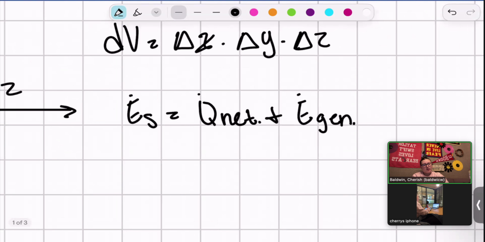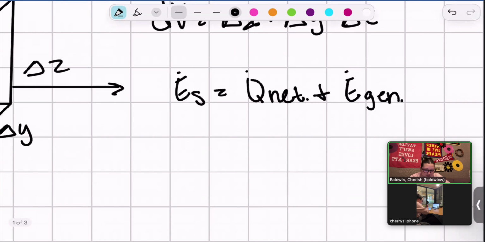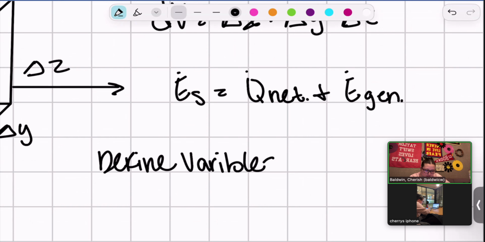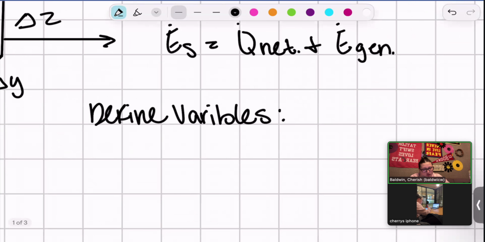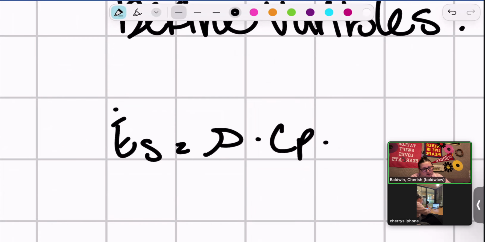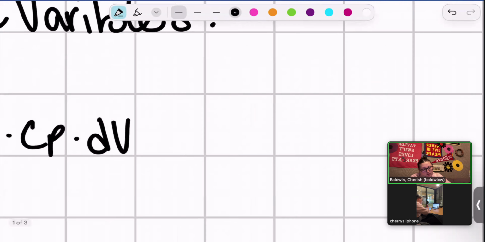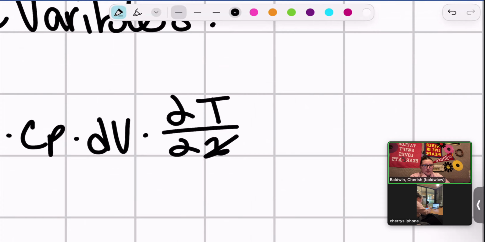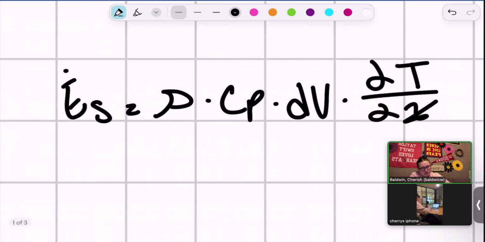Alright, so now we're going to define the variables. First, the rate of energy accumulated, which is density times the heat capacity times the volume times the partial derivative of temperature over time.